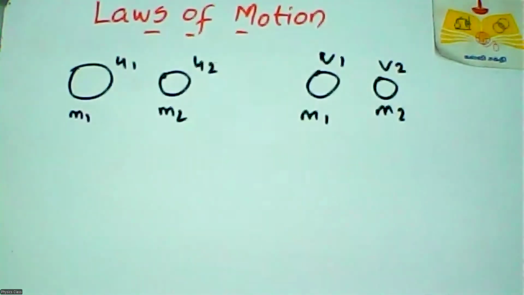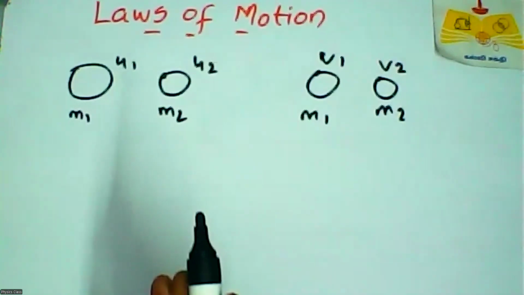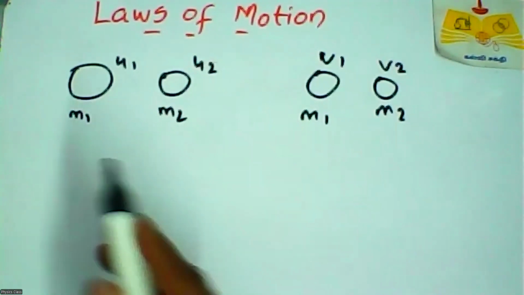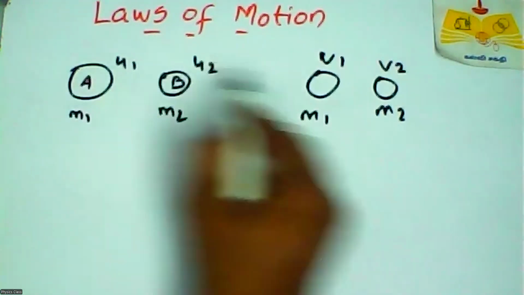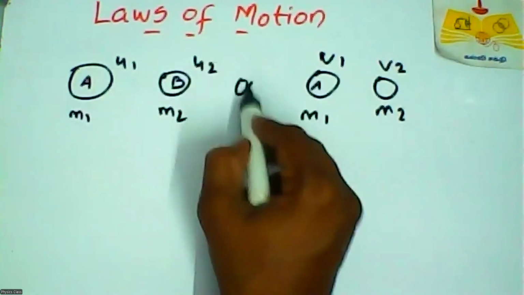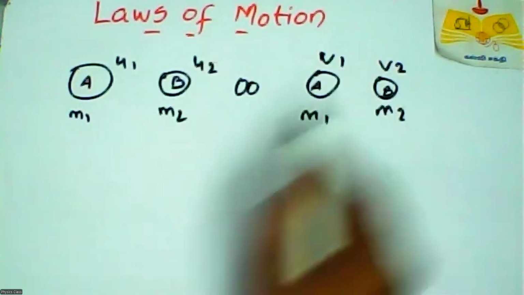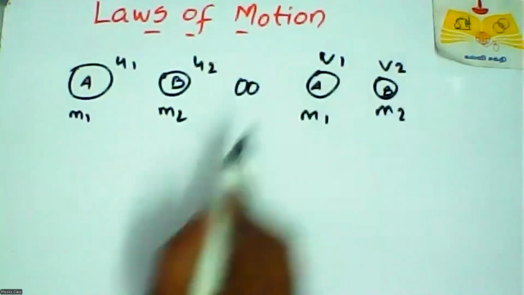So the change in momentum of B means, this is A, this is B. Here they collide, and the velocity changes.